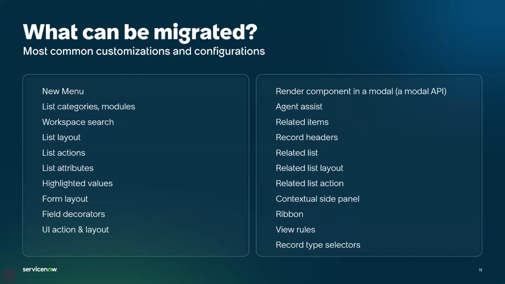Now going over to the form page: form layout, field decorators, UI actions and layouts, render component in a modal, agent assist. Then going to the related records: related items, related list layout, related list actions, record headers, contextual side panel, ribbons, view rules, and record type selectors.